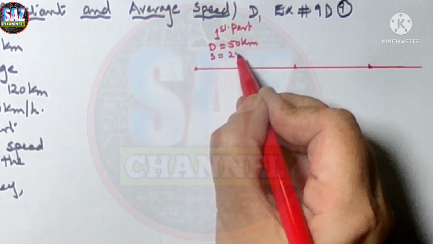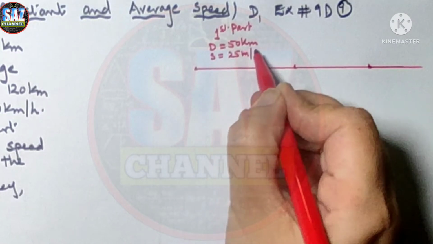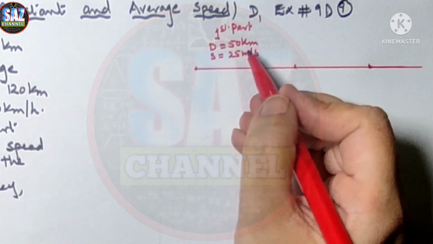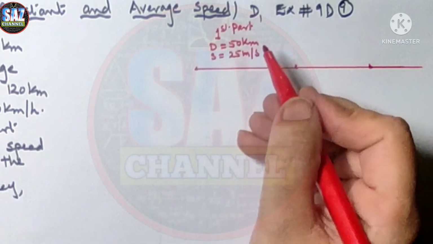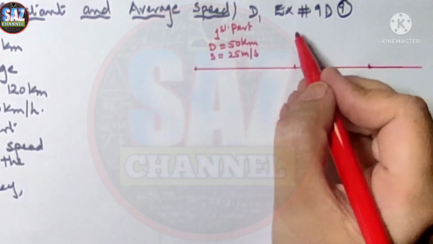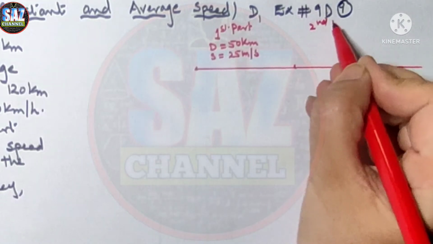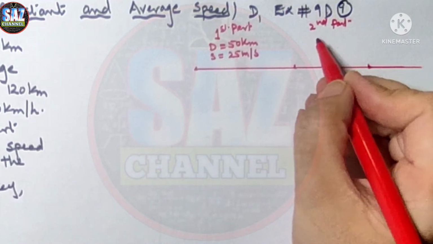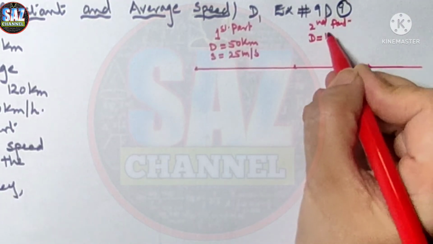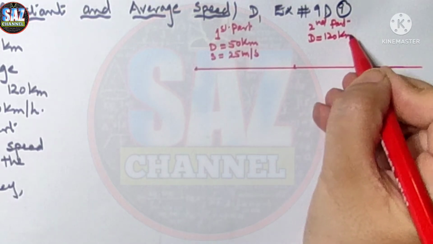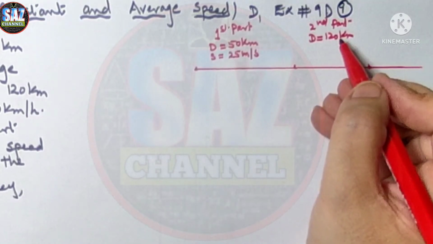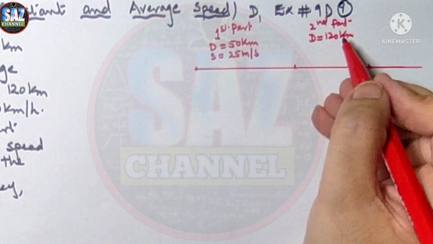And the second part of the journey has the distance 120 kilometers, and average speed of 80 kilometers per hour.